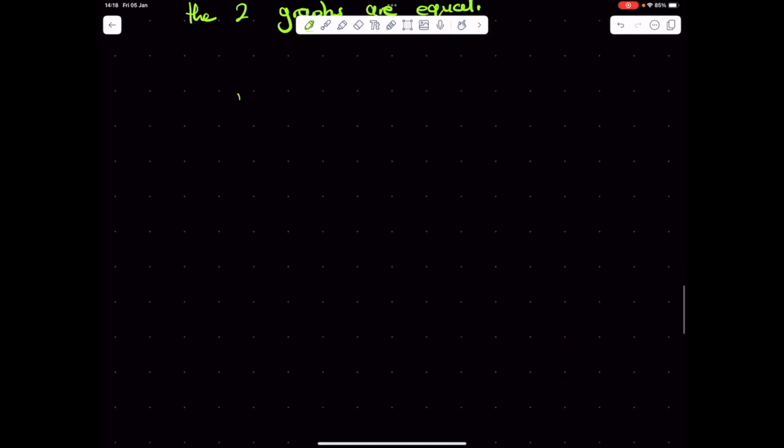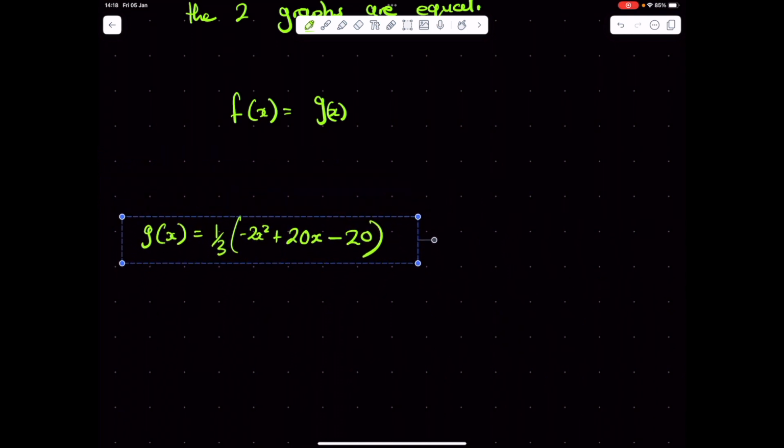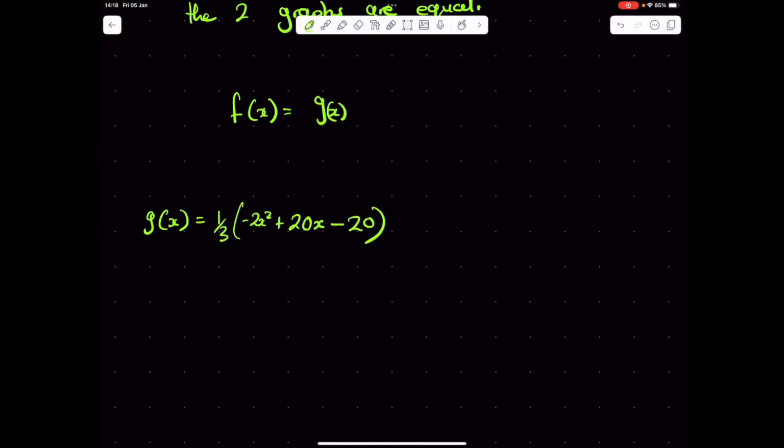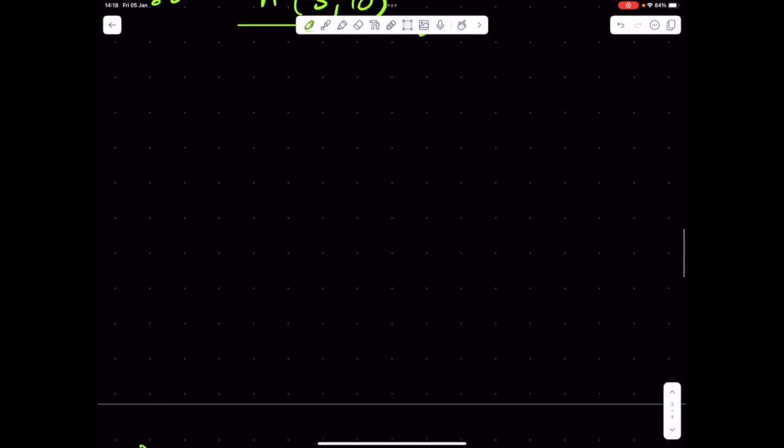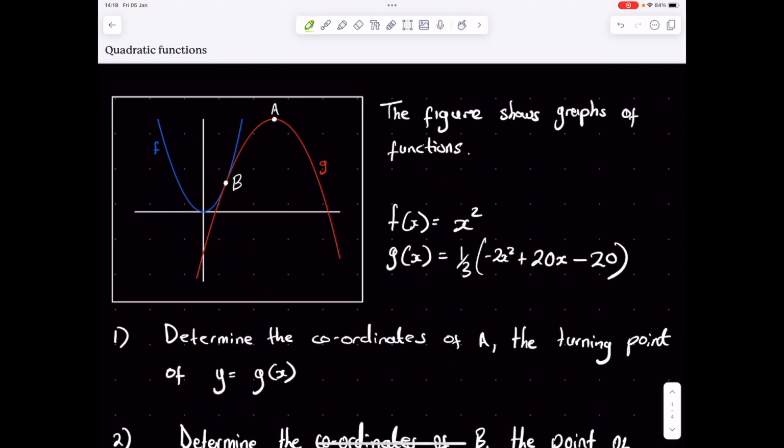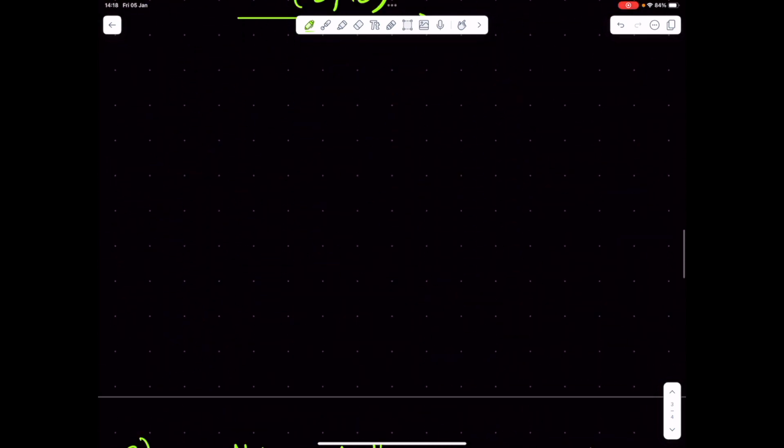So f of x now would be equal to g of x. And what is the value of f of x, or of g of x? That's the value of g of x, and the value of f of x is x squared, right? Just verify. Yeah, it's x squared.